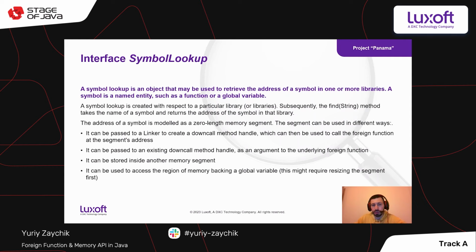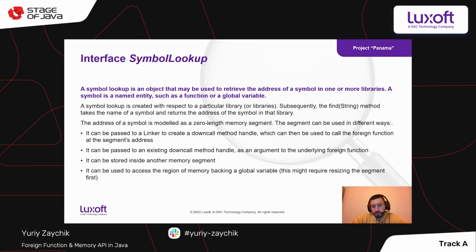By symbol, we mean a named entity, which can be a name of some function or a global variable in some library or a set of libraries. SymbolLookup is created with respect to a particular library or set of libraries, and the method find, which takes the name of a symbol, is used, and it returns the address of the symbol in the library.